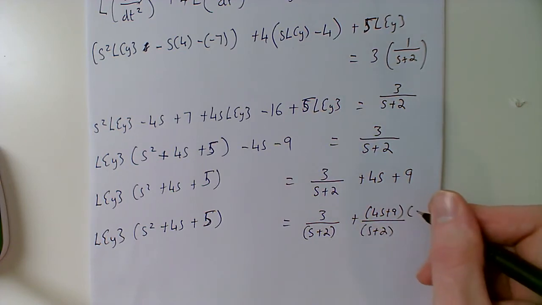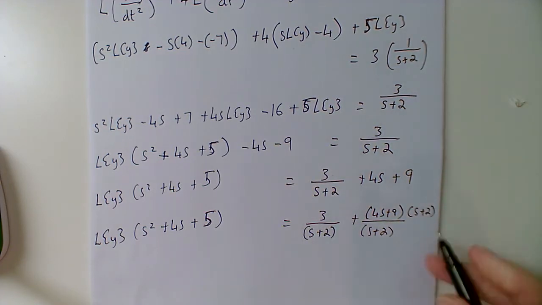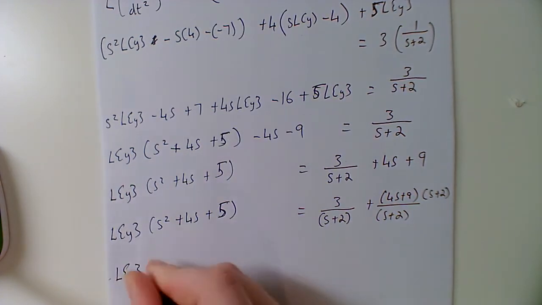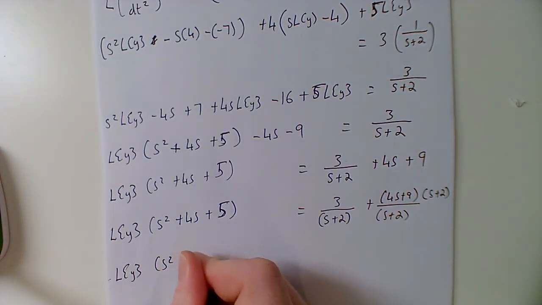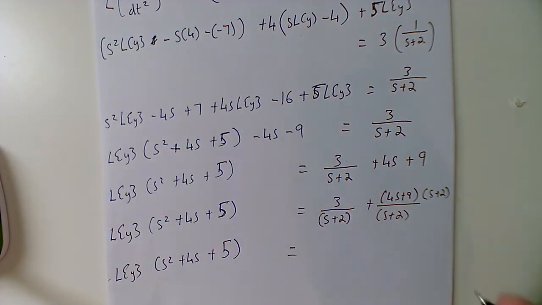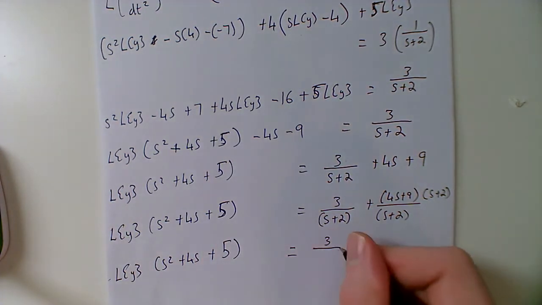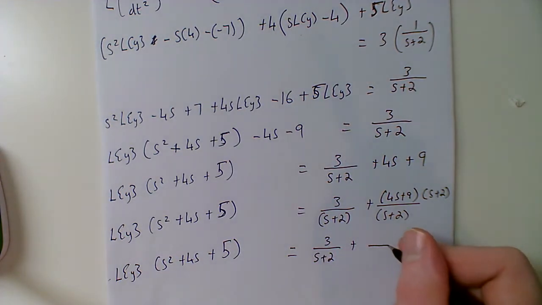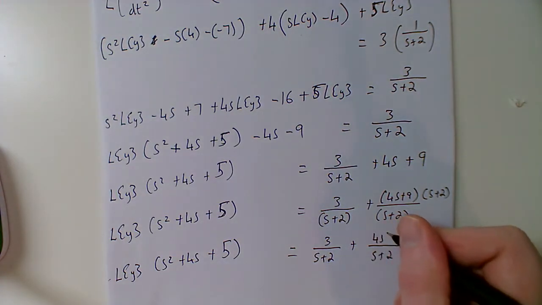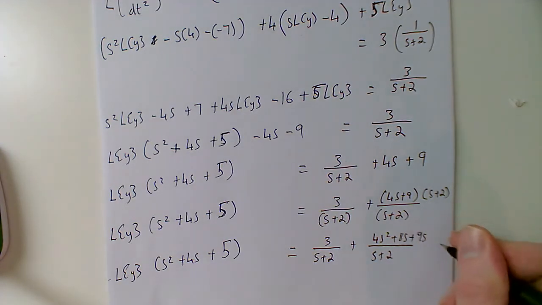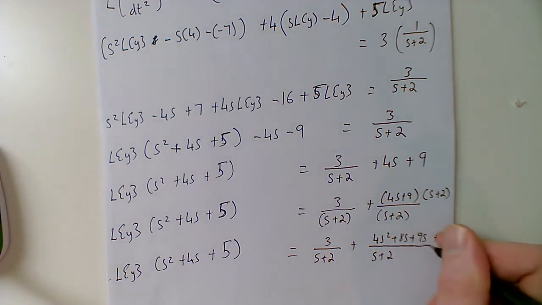So that means we need to multiply that by s plus 2 as well to keep it the same. Then I'm just going to multiply that bracket on the top. Just like that.